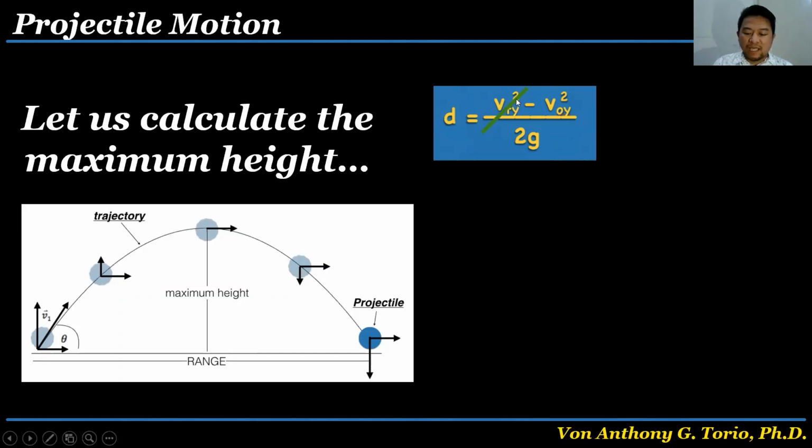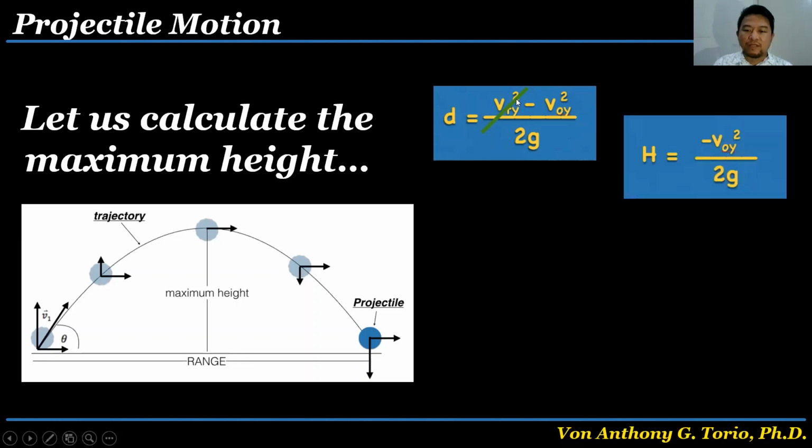That's why this becomes cancelled and be equal to 0. So what becomes of our expression would be this. We now replace the symbol d, which is displacement, with what we are concerned about. That's height. So instead of writing d sub y, we can have h, which tells us this is maximum height.